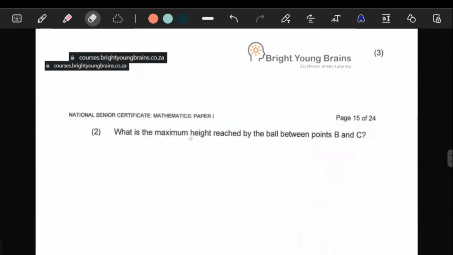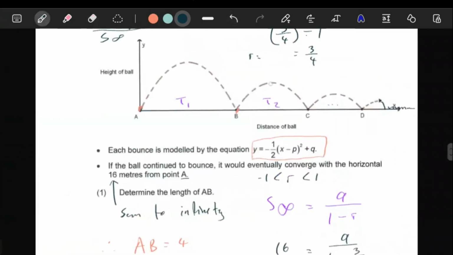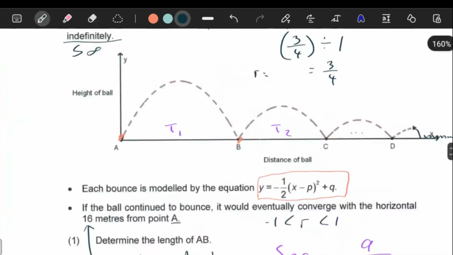Question 2, what is the maximum height reached by the ball between B and C? So between B and C, well, the other thing is, fortunately, the heights here, we can take note of how the height, remember this is a parabola. So if the distance here is 4, right? You have to remember that this, you can look at it as 0. This, you can look at it as 4.